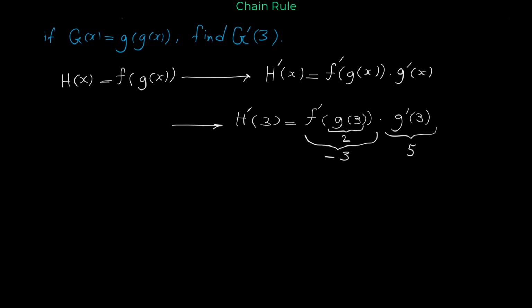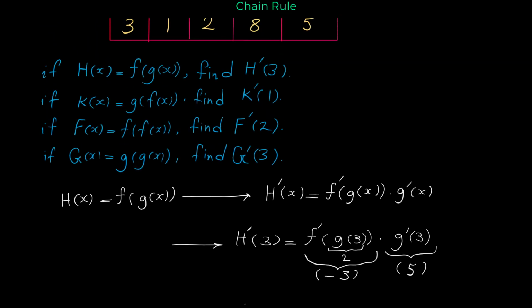So for finding this value, first you have to find the value of the inside, then you have to find the value of f prime at that new value. If we multiply negative 3 by 5, we get h prime of 3 equals negative 15. This multiplies by this, and h prime of 3 is negative 15.